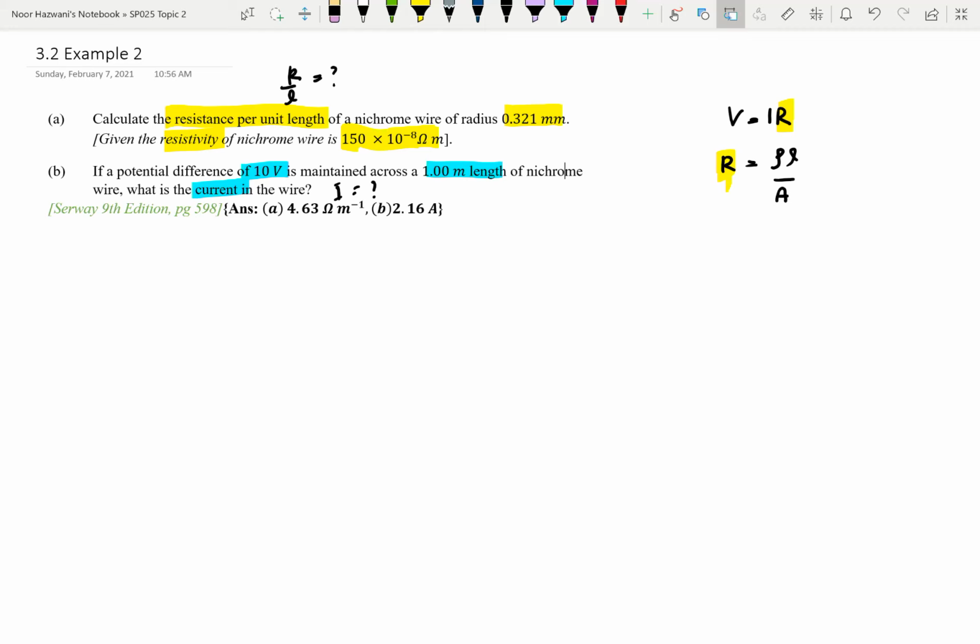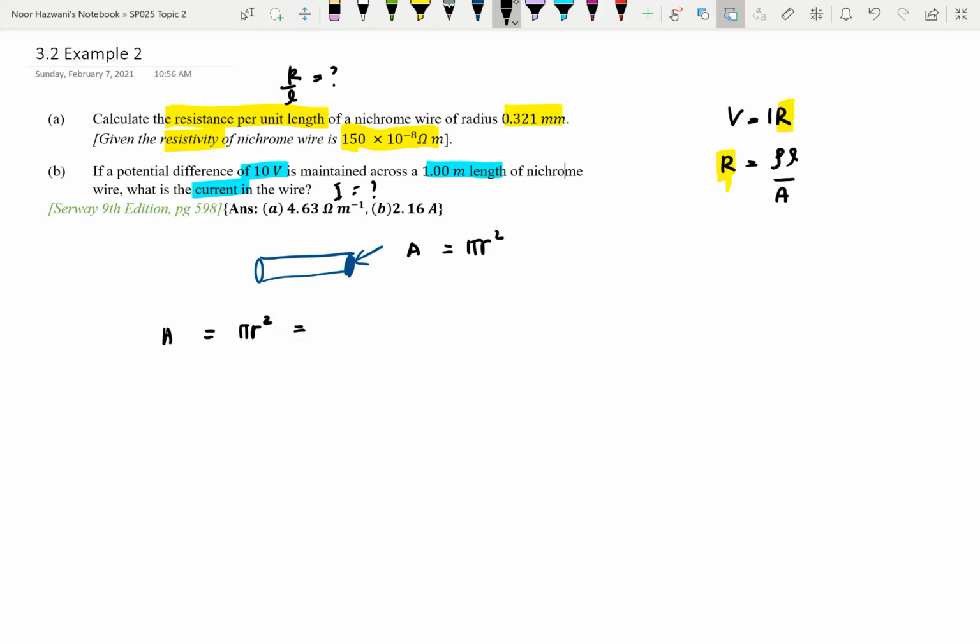You have to know that the shape of a wire is a cylinder, so to find the area, we use A equals to pi r squared because the face is a circle.